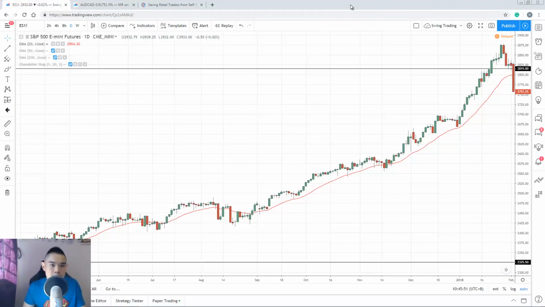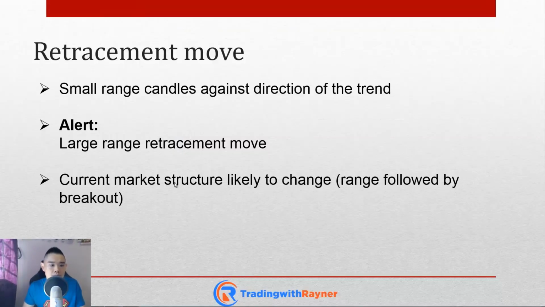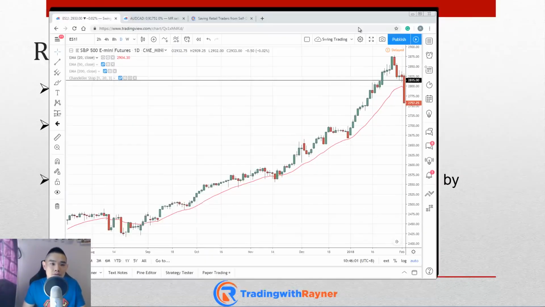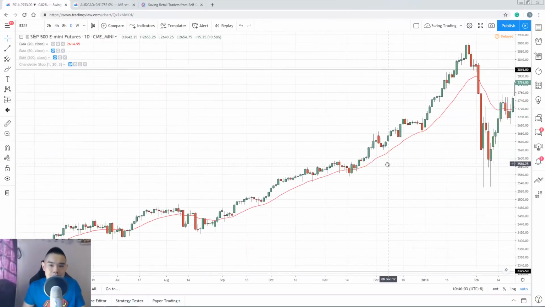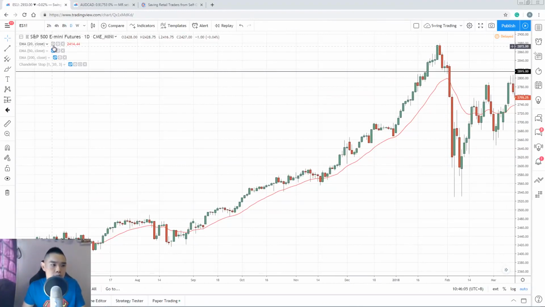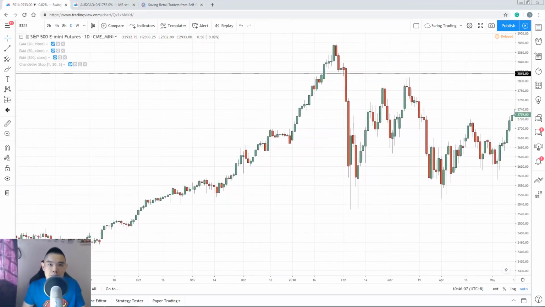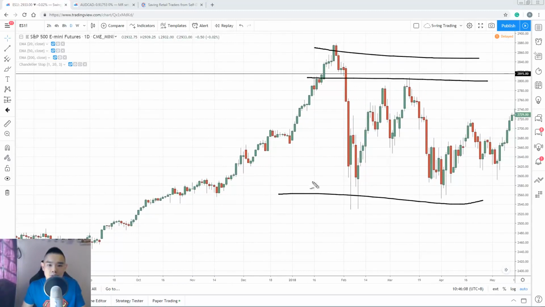And if you recall the slides, I mentioned that what usually happens is that the market goes into a range followed by a breakout. So when you see a large retracement candle against the underlying trend, it tells you that the market is likely to go into a range. In this case, the market went into somewhat of a range between these highs and these lows over here, or even a descending triangle, if you want to call it.